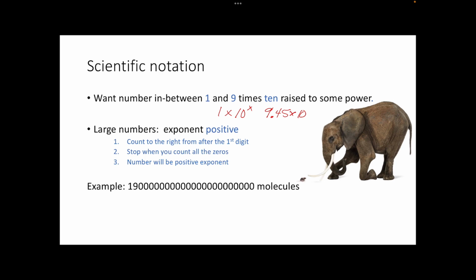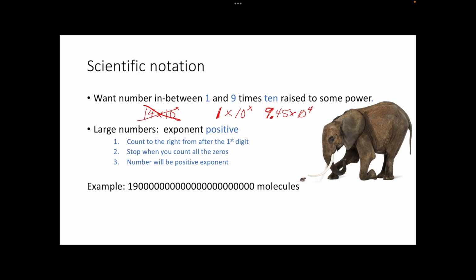But you notice that there's just one spot here. You will not see it as 14 times 10 raised to some power. This is not right, so don't do that. You want to have just one digit in front of your decimal point, times 10 to some power.